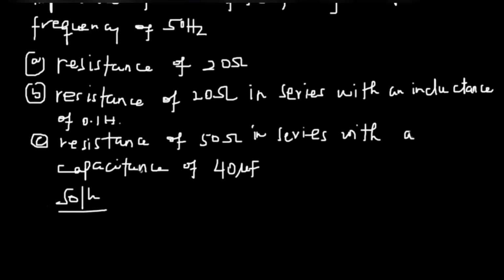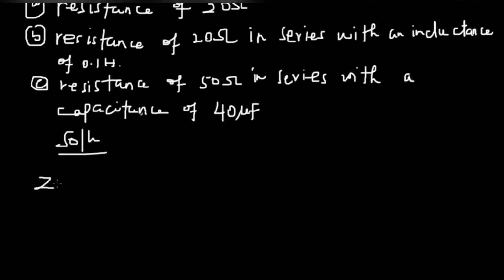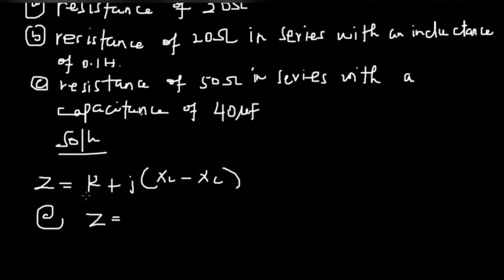First we write the formula out: Z equals R plus J, then XL minus XC. For question A, we have only a resistance of 20 ohms, so all of this goes to 0. Z is equal to only the R, that's 20 plus 0J.